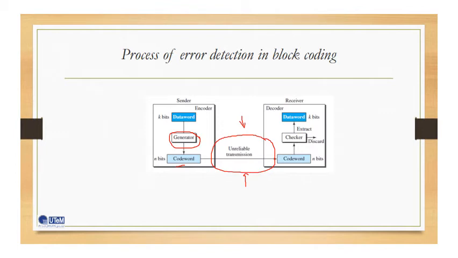At the receiver side, the receiver receives the code word and checks. If the received code word is in the valid code words, it will be accepted and extracted to get the data word. If it is not in the valid code words, it will be discarded.